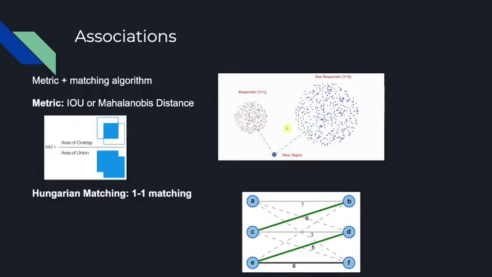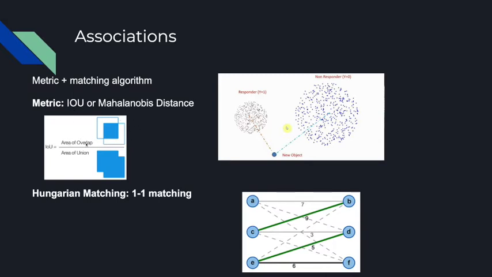So I'm going to focus on the two parts that I mentioned earlier. For association, we need two main things: a metric and a matching algorithm. The metric determines how similar a new object is to an existing object. We can use two metrics here.